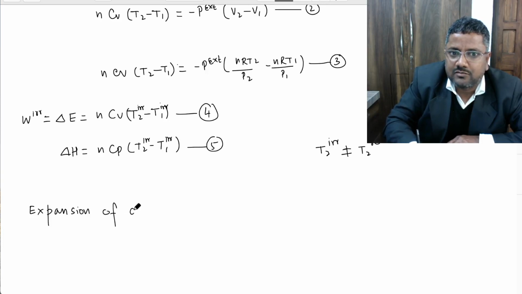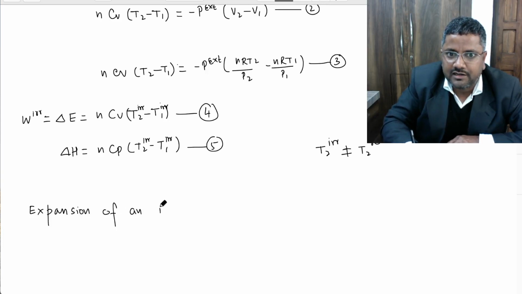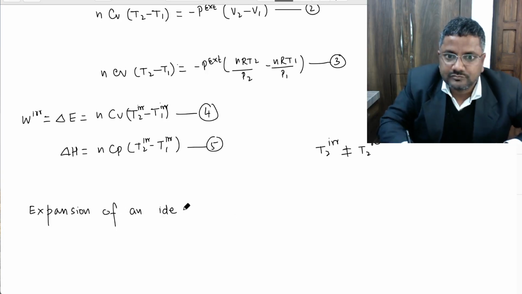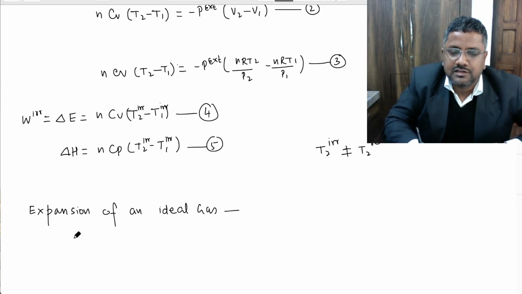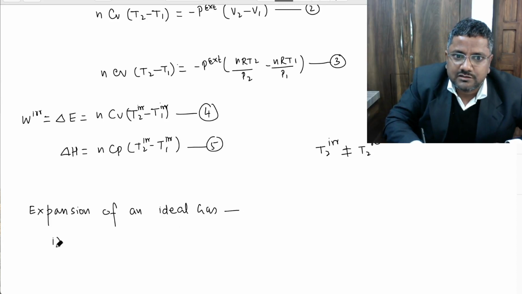Now see, suppose that there is expansion of an ideal gas. Ideal gas, right? So see, W reversible is more than the W irreversible. It is true always.